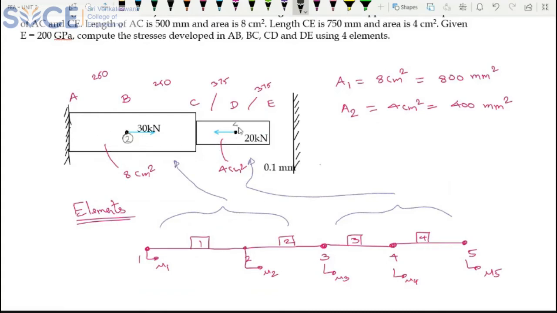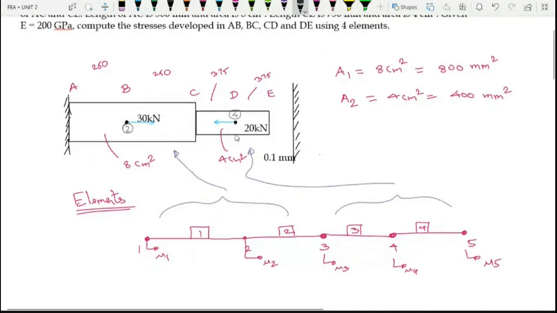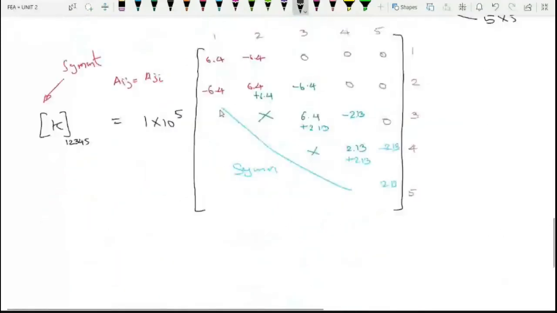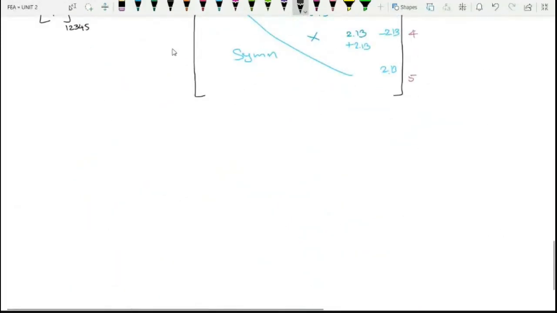This is nodal point 4. Okay. So your force is acting only on nodal points 2 and 4. If I consider right-hand side as positive, the other one has to be a negative value, right? So you can see one is in the other direction. So when you write it accordingly, 30 kilonewton and 20 kilonewton. So I will write it directly.